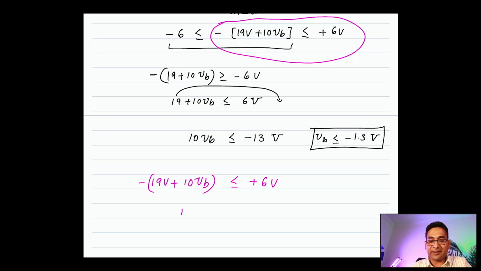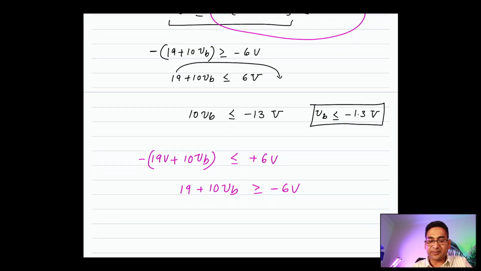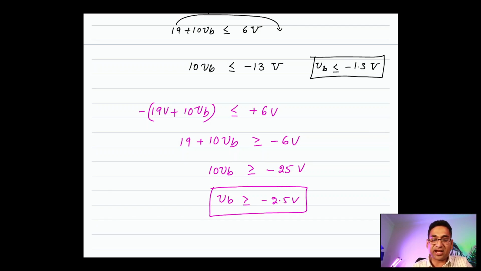Now multiply both sides by negative 1, we have 10 VB plus 19 should be greater than or equals to negative 6 volts. Okay, now that makes it 10 VB should be greater than or equals to negative 25 volts. So VB should be greater than or equals to negative 2.5 volts. That's it. We have the range between these two terms.